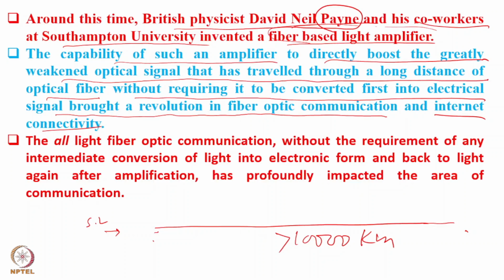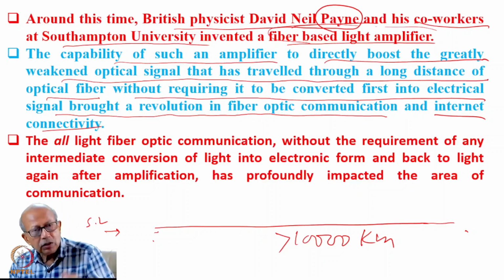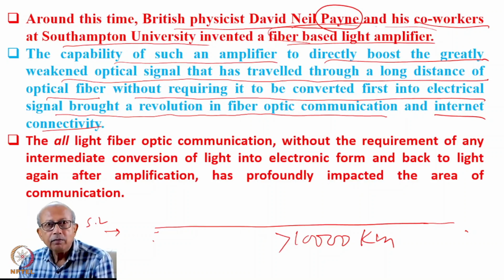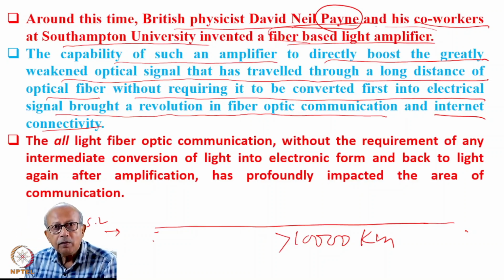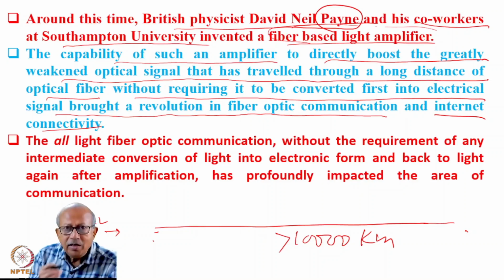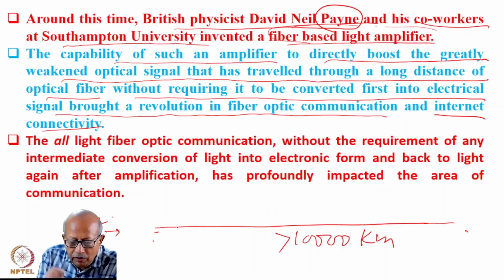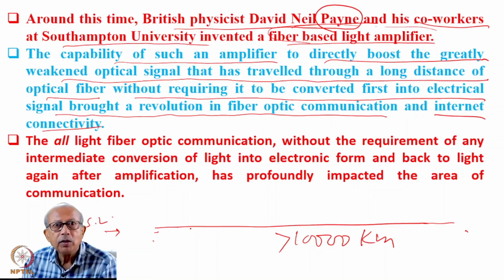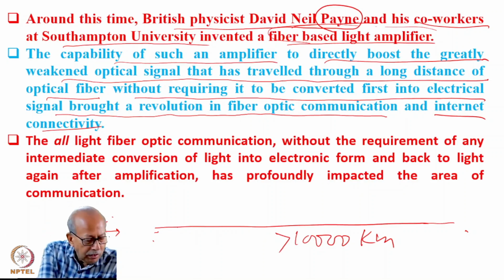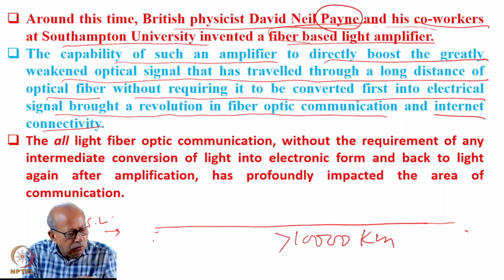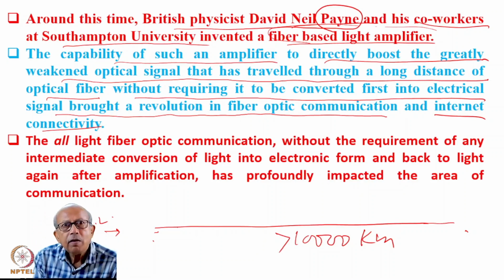Now, although the wavelength of the semiconductor laser and the fiber material is so chosen that there is hardly any absorption of the light at this wavelength in this fiber material, we say that this absorption is very, very insignificant.